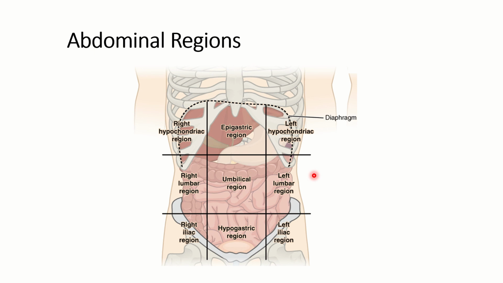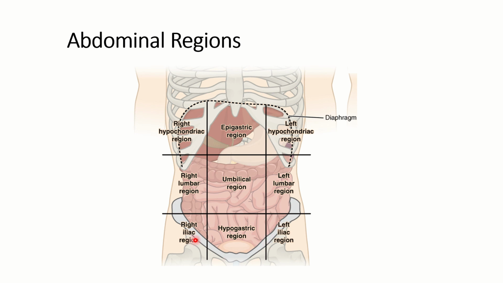So the other way that I mentioned before is the 9 regions. So you have 2 lines here, passing through the mid-clavicular line near the areola of the breast, and going through the inguinal ligaments.